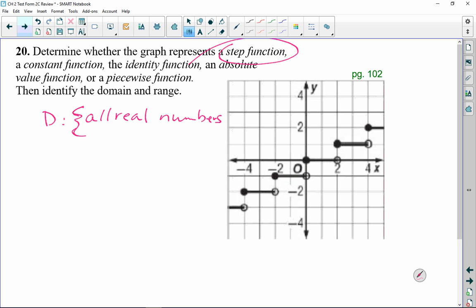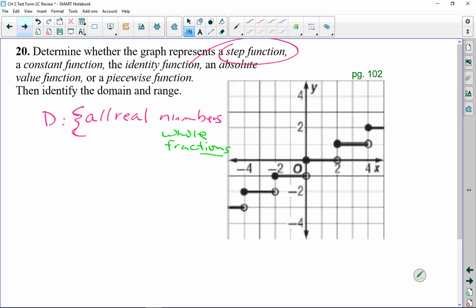All real numbers includes what? It includes whole numbers. It also includes what? Fractions.